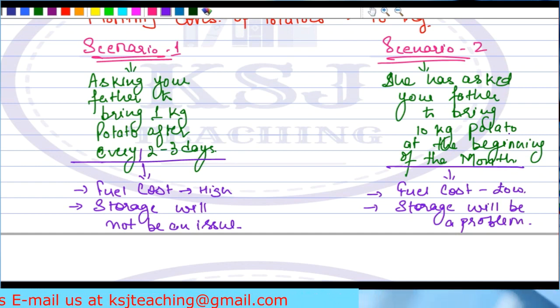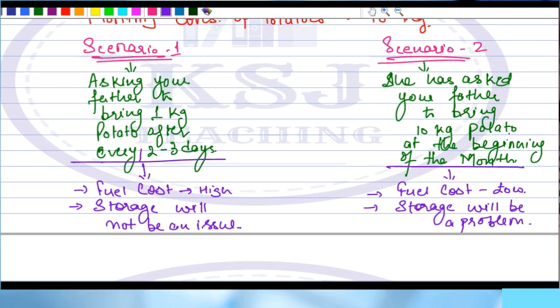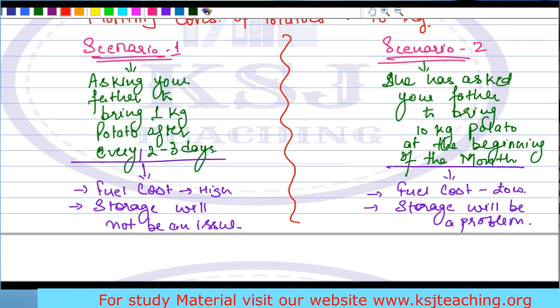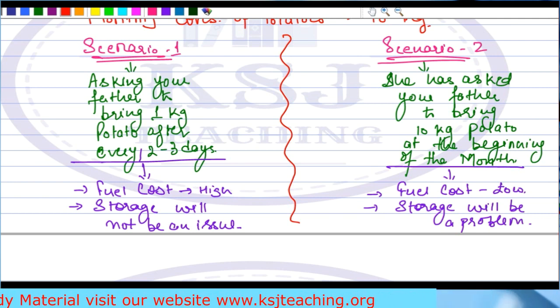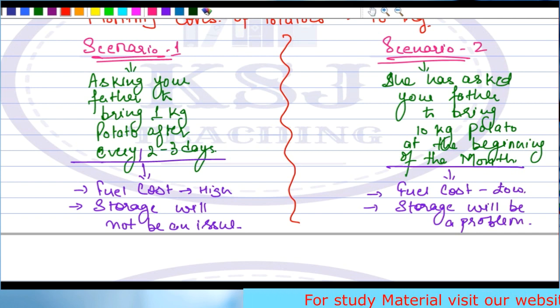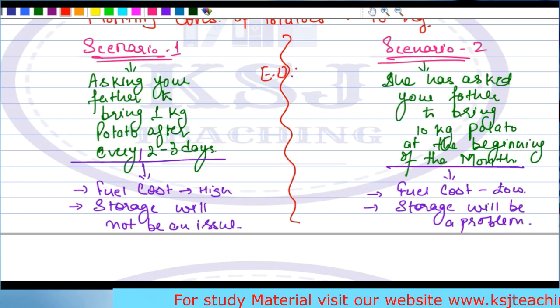Now, EOQ, economic order quantity says, sir, try to find the in-between path, where the fuel cost is neither too high nor too low, and the storage cost is neither too high nor too low, right? So in between, we will have the EOQ.